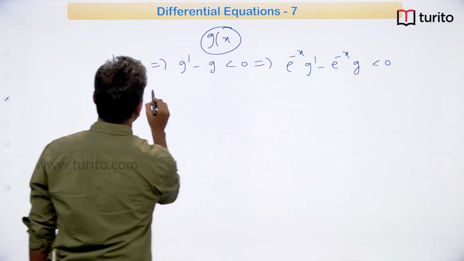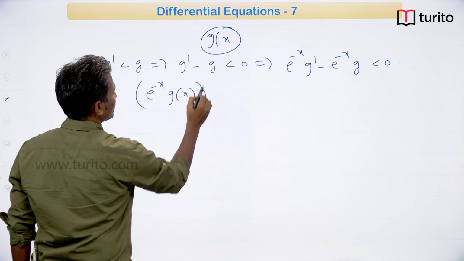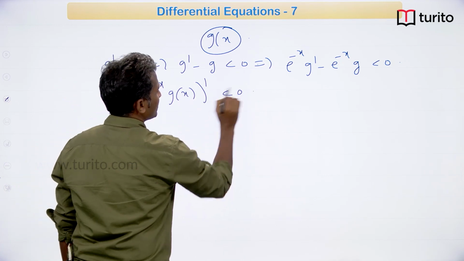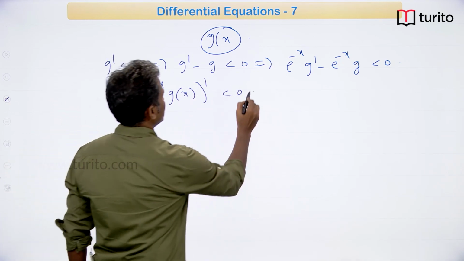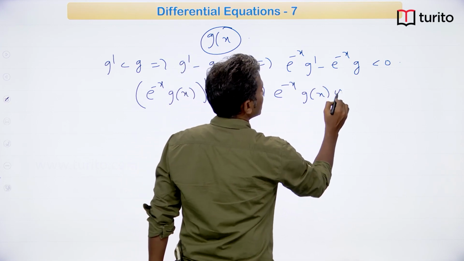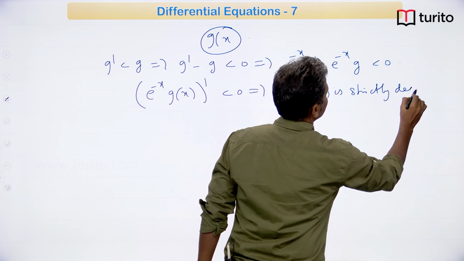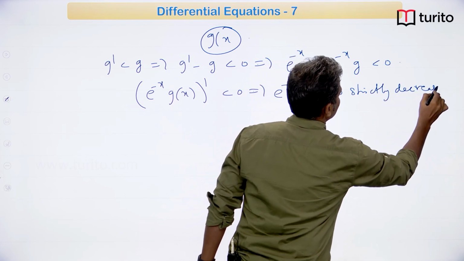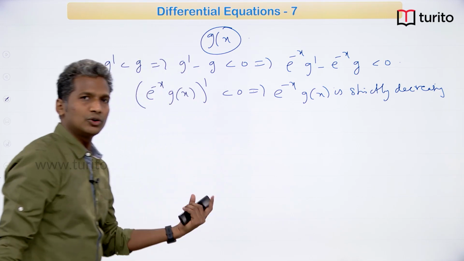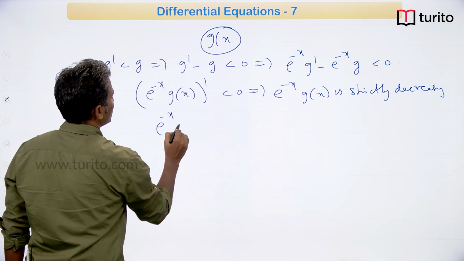Now this LHS has become the exact derivative of e raised to minus x into g of x. Now this must be less than 0, which implies that e raised to minus x into g of x is strictly a decreasing function, okay? By monotonicity we can say that e raised to minus x into g of x.